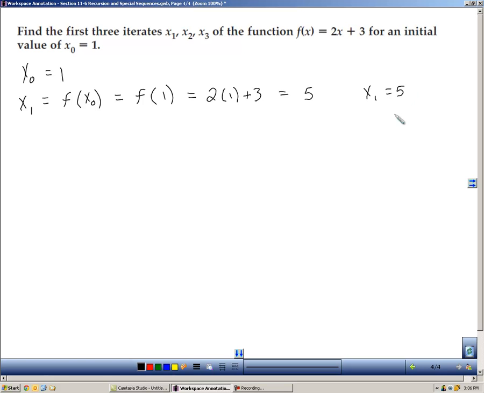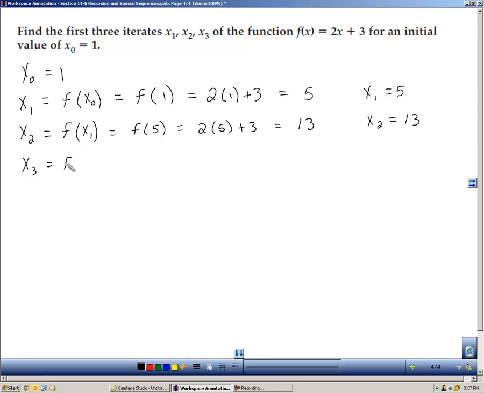Now to find the next iteration, x sub 2, we take the same function again and put x sub 1 into it. We know that x sub 1 is 5, so we're really finding f of 5. And 10 plus 3 is 13, so we now know that x sub 2, or the second iteration, is 13. We're repeatedly using the same function over and over with the last value.